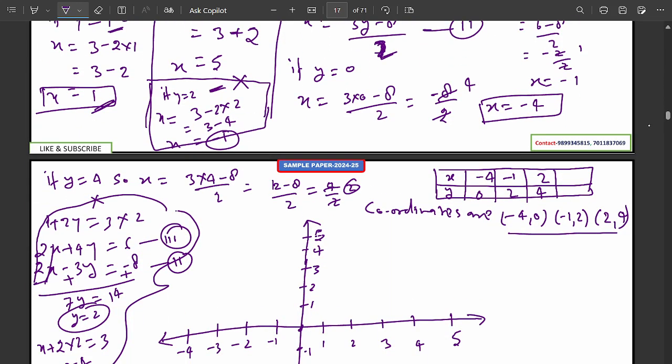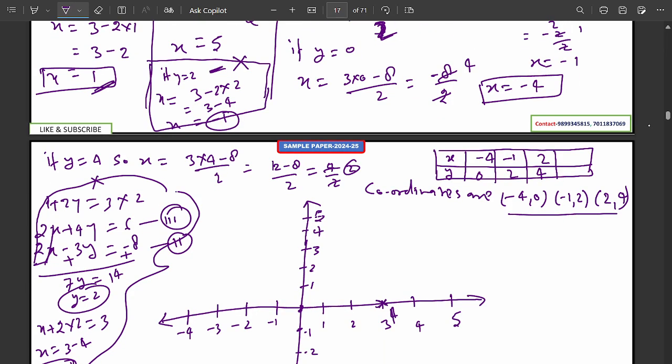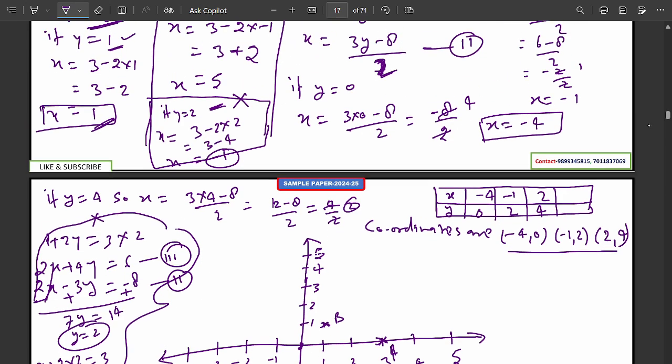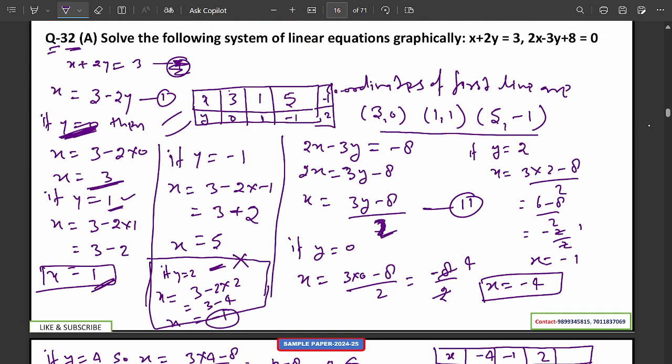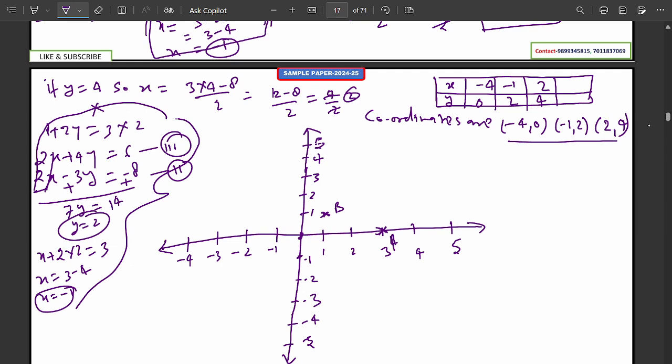So 3 comma 0 will be this point, this point is A. The second coordinate is 1 comma 1, so it will be this point, this is point B. The third point of the first line is 5 comma minus 1, so it is basically like here. This is point C.